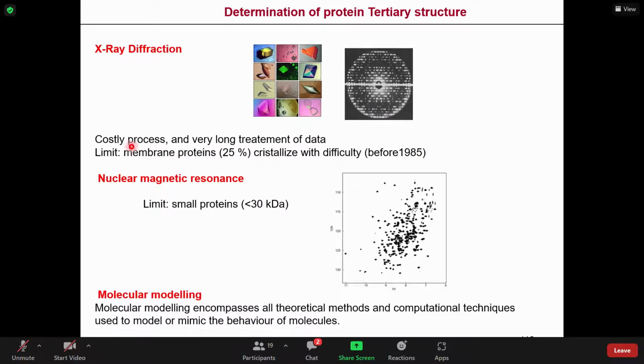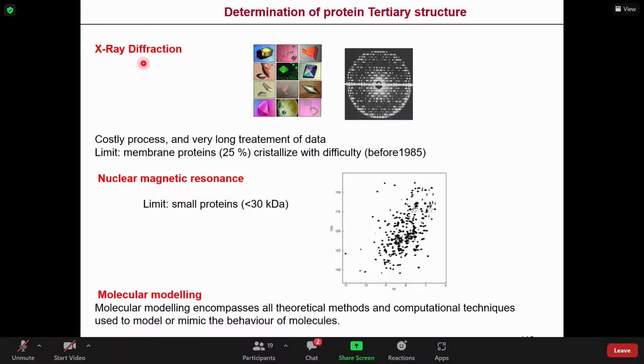The limit is for membrane proteins, but for now we have techniques to obtain crystals of membrane proteins, so it's okay.